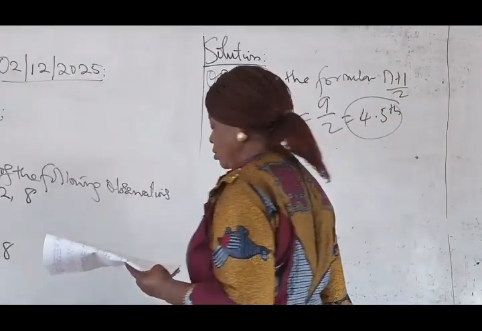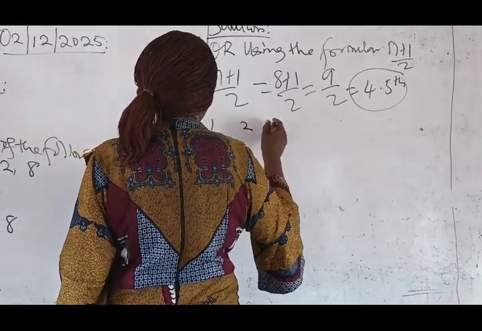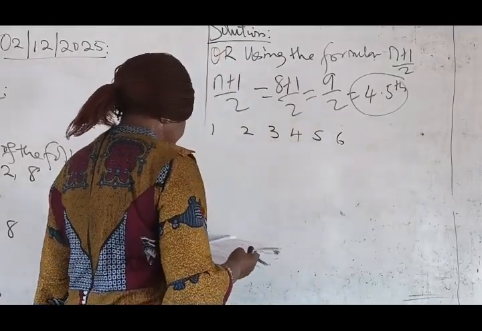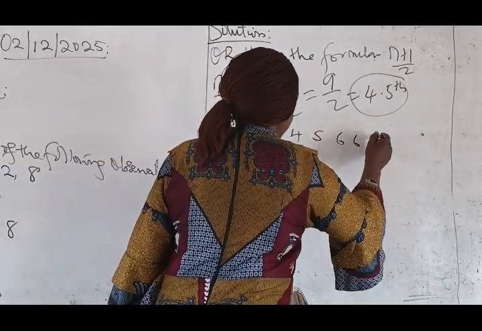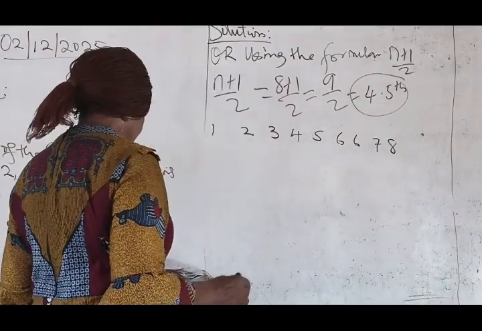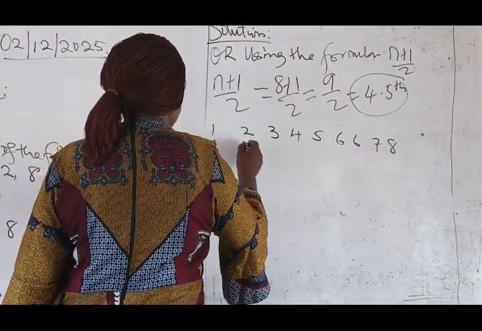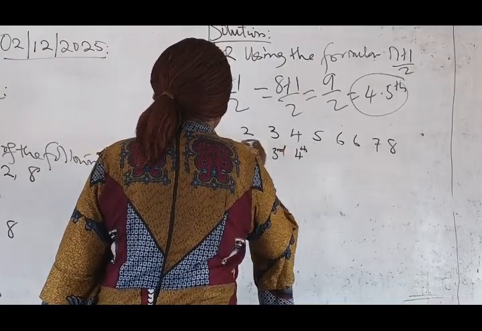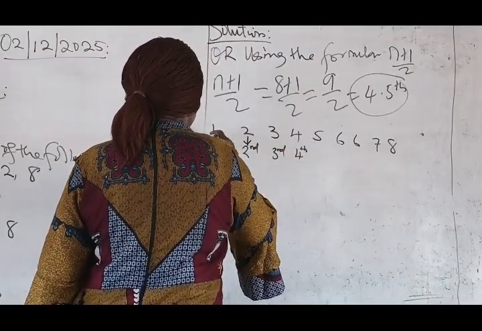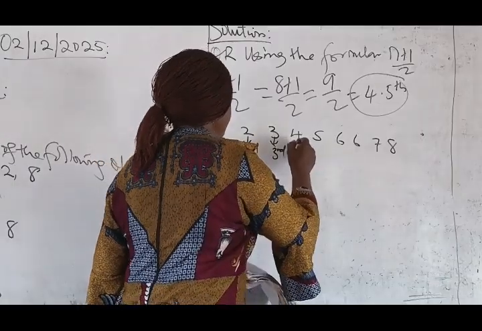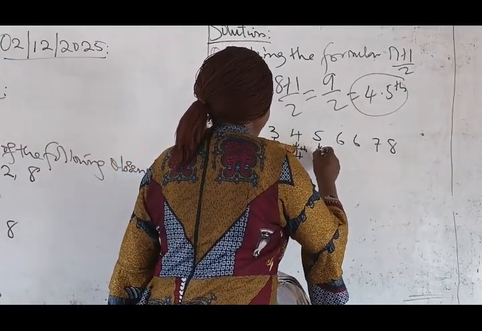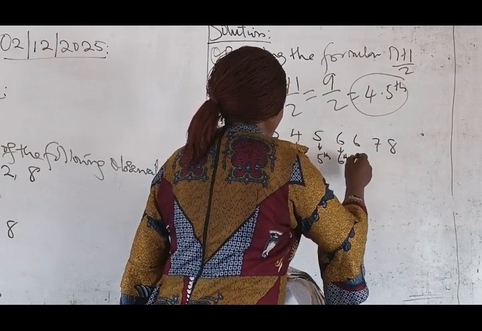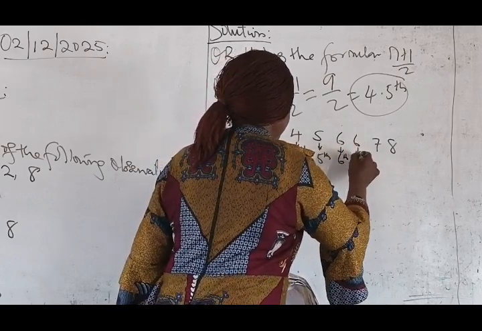Now let us use this method. Say 1, 2, 3, 4, 6, 6, 7, 8. Here is the first position, the second, the third, the fourth, the fifth position, the sixth position, the seventh position.